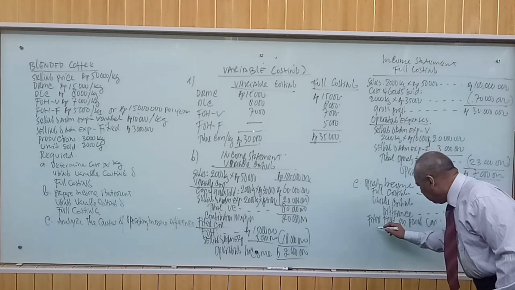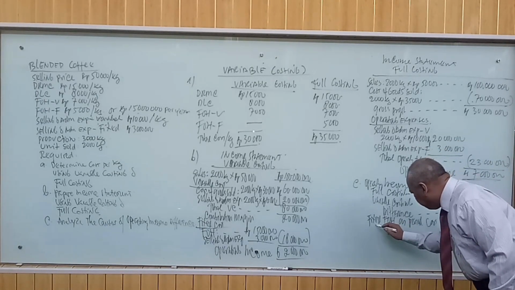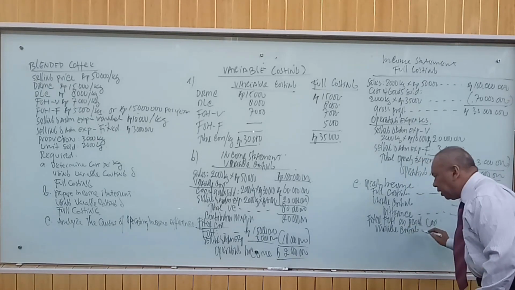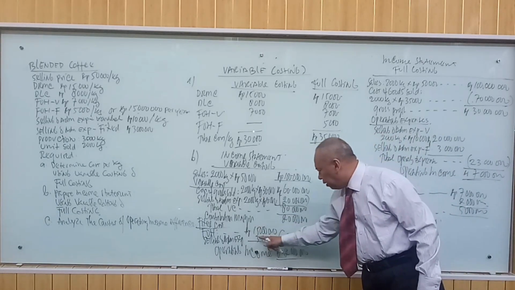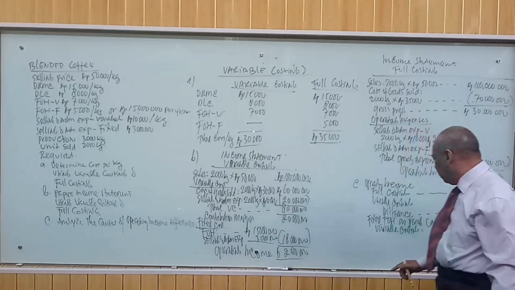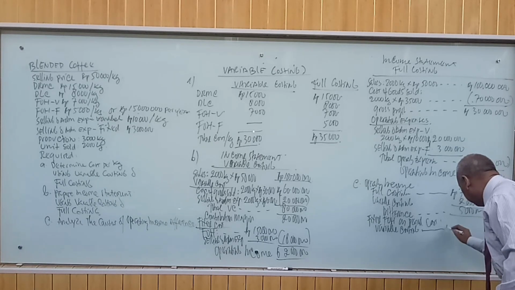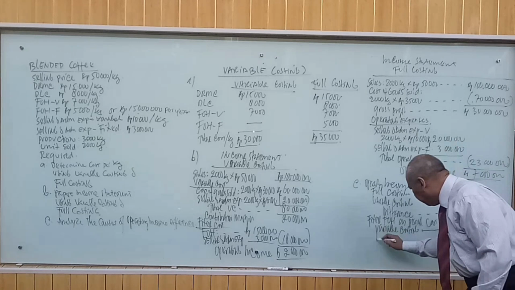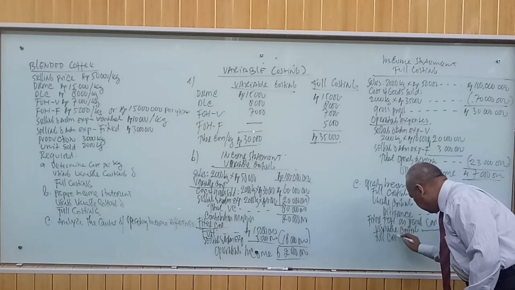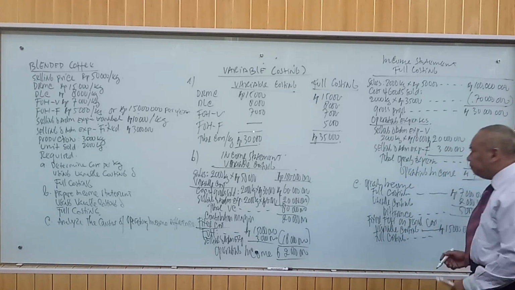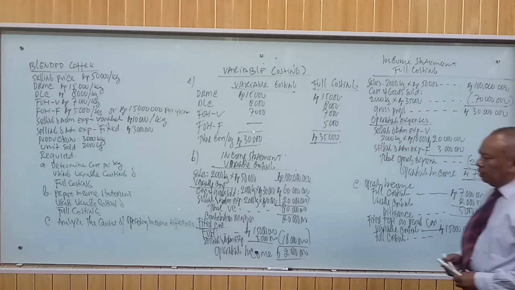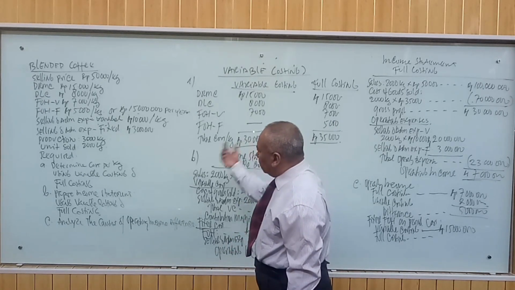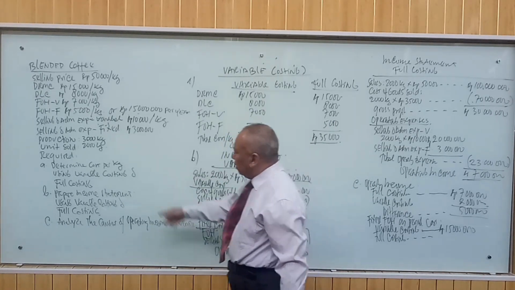If you are using variable costing, all the fixed factory overhead costs are assigned to this current period, this one, 15 million. But if you are using full costing, only the costs related to units sold are charged.